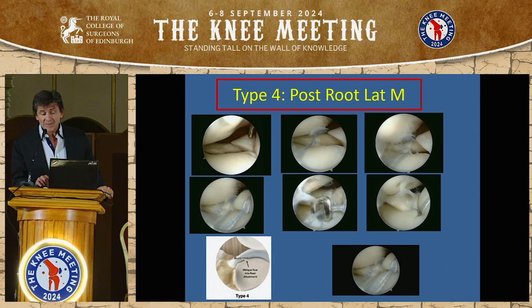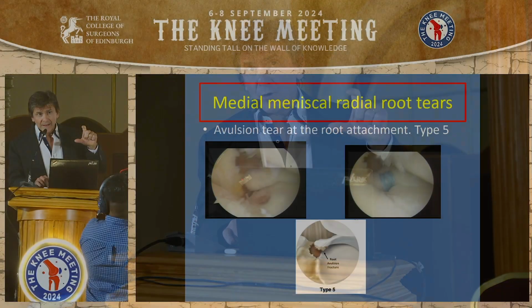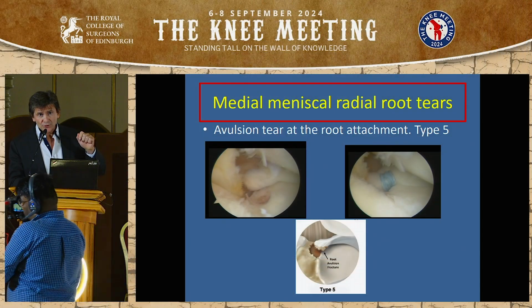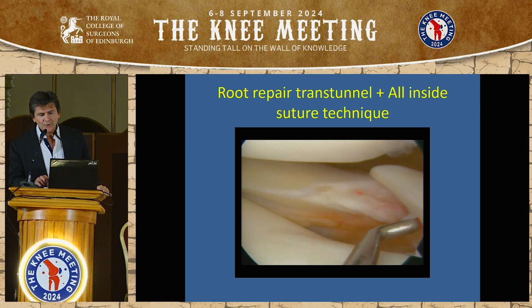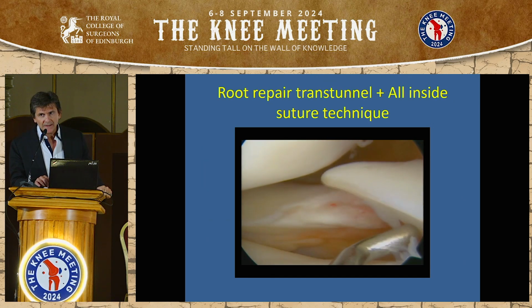Sometimes you need 3 sutures because the medial part of the meniscus is big, and I think it's good if you can repair it in the same tunnel as well. And if there is a bony avulsion, you can take the bone also and attach the bone in position on the tibial plateau.